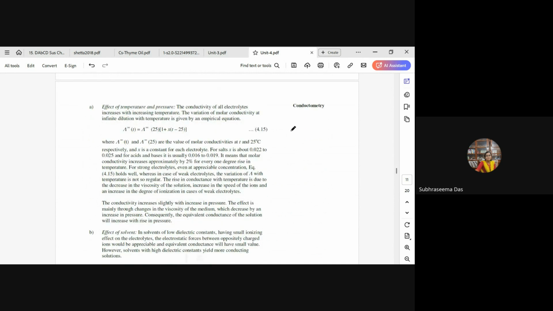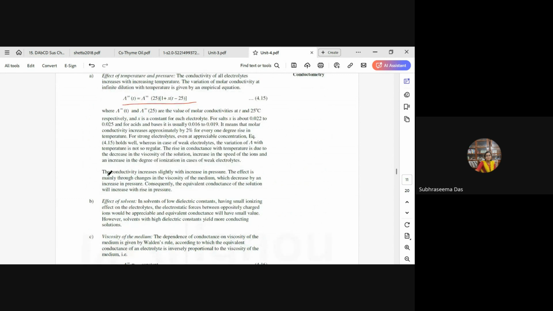The variation of molar conductivity at infinite dilution with temperature is given by equation 4.15, where lambda infinity at T and lambda infinity at 25 indicate the molar conductivities at T degrees centigrade and 25 degrees centigrade, and X is a constant for each electrolyte. The conductivity also increases slightly with an increase in pressure.